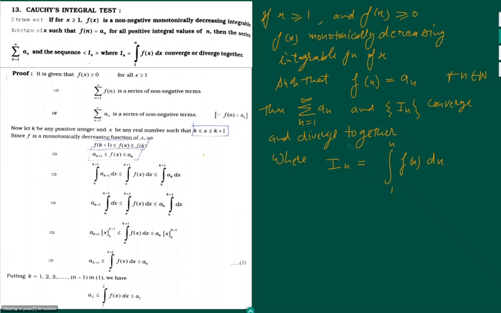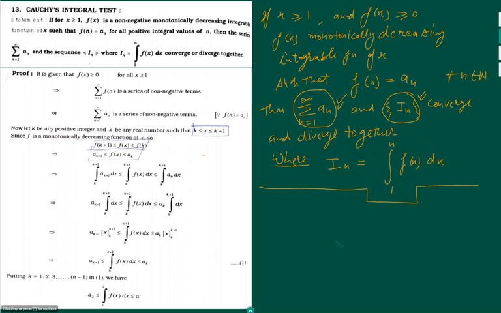So this result is called Cauchy's integral test. This tells us that this series and this sequence converge and diverge together. If this sequence is convergent, then this series is also convergent. If this sequence is divergent, then this series is also divergent, and vice versa.